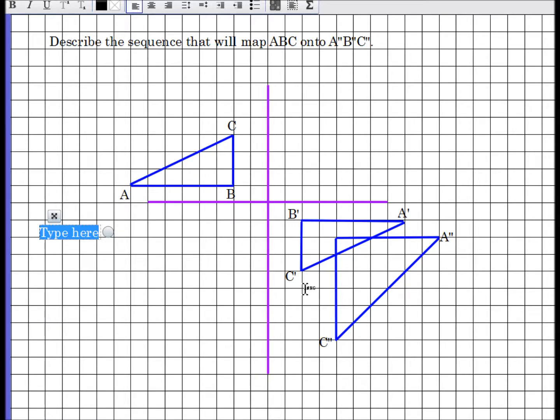Let's do a process of elimination instead. So the transformations are reflection, rotation, translation, and dilation. Okay, now, first of all, here's what I want you to notice. This original triangle compared to the second triangle are the same size. How do I know they're the same size?